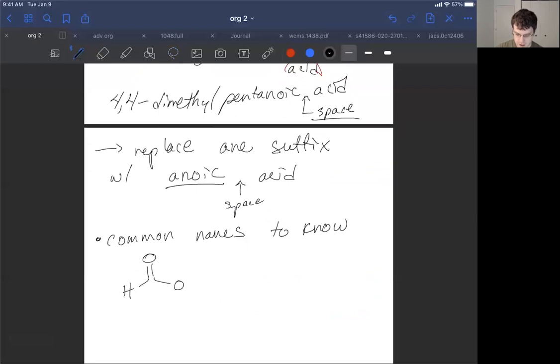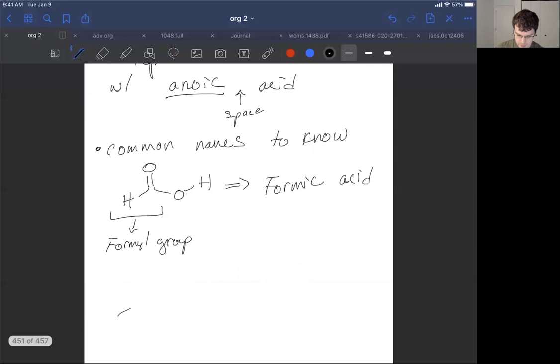We've actually touched on all of these already, but this molecule with a hydrogen is a carboxylic acid, and so we would call that formic acid. Now, a carboxylic acid with an acetyl group is acetic acid.